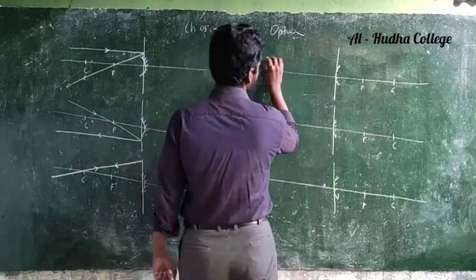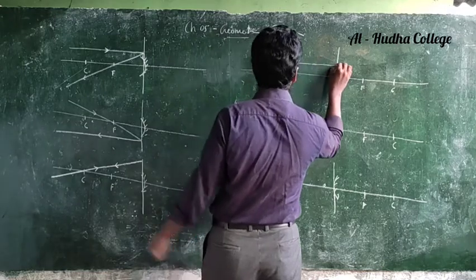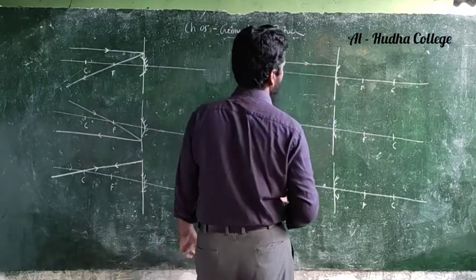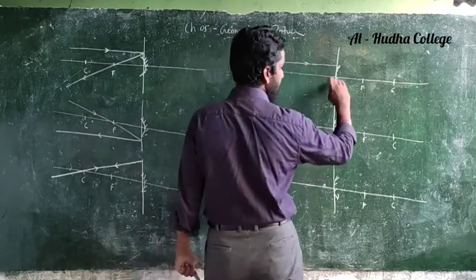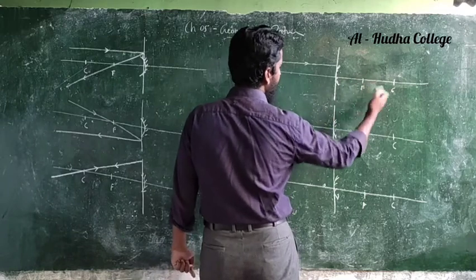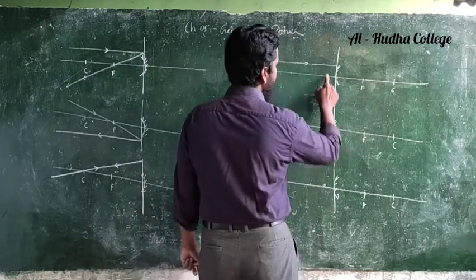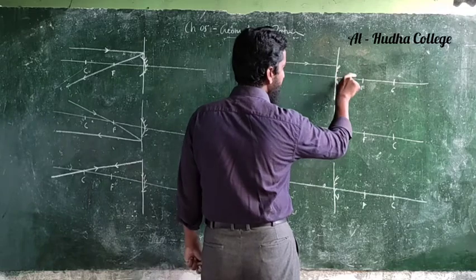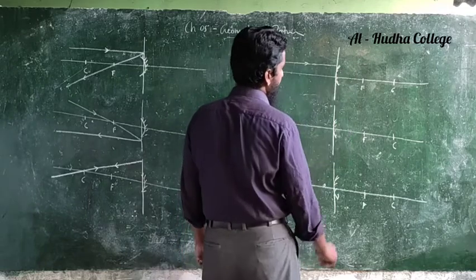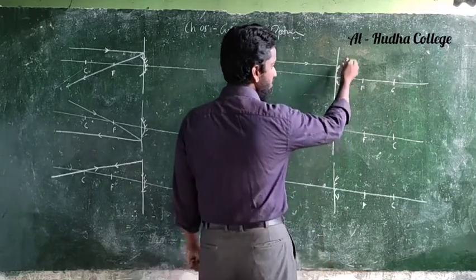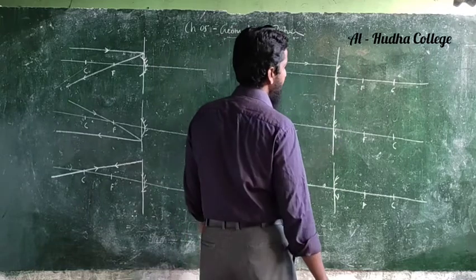Now the ray which is coming parallel to the principal axis as this. Here the focus is behind the mirror. Therefore this ray cannot penetrate the mirror, because mercury has been applied.